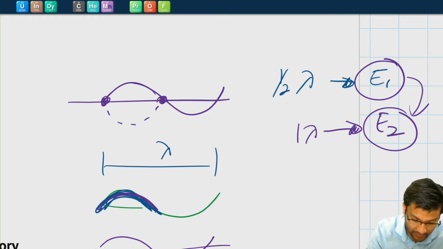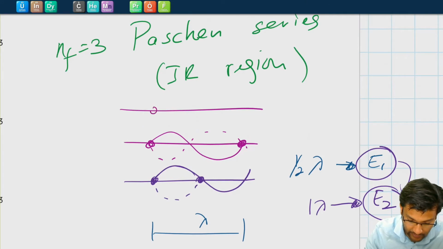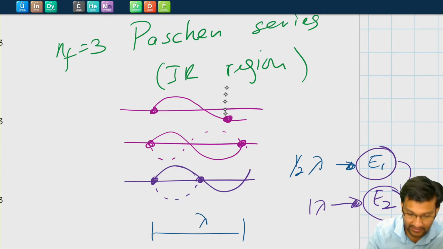Or we could have one full wavelength because these two edges are tied down and this part oscillates back and forth. But there is no way that we can create a wave where, for example, an edge like that is tied down, because then this wouldn't really be a wave trapped in the box, because this edge is not tied down.